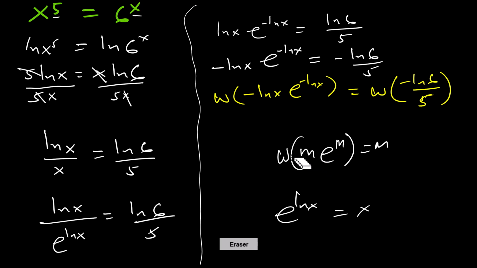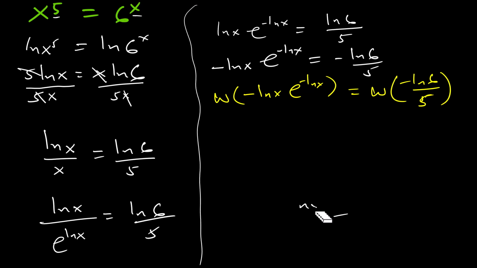Okay, so let's look at the left hand side. We get the answer. So we have minus ln of x equals the W function over 5. Okay, so let's solve for x.